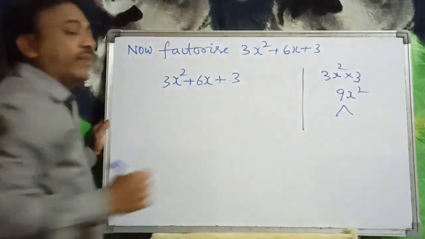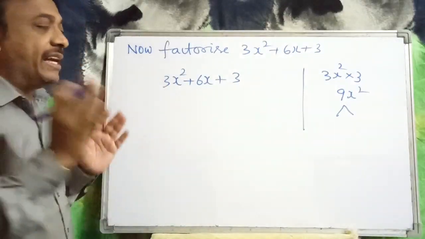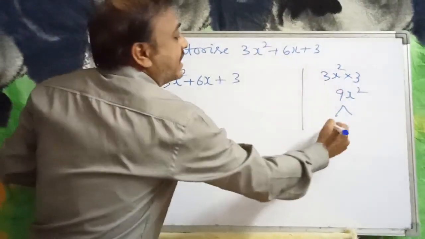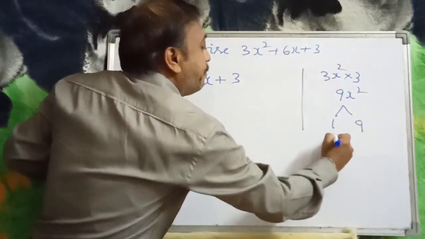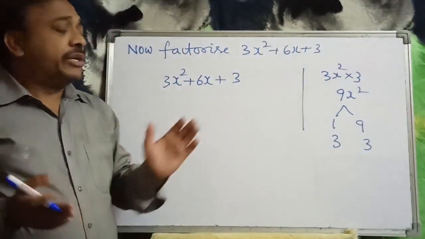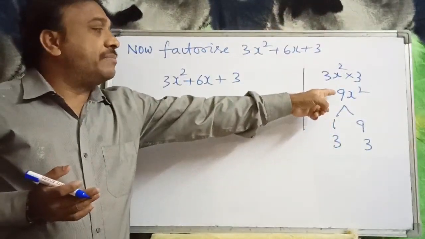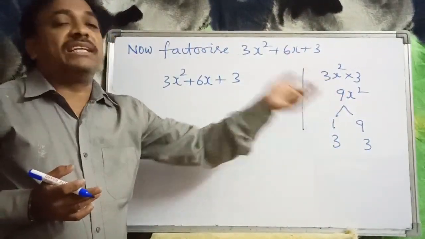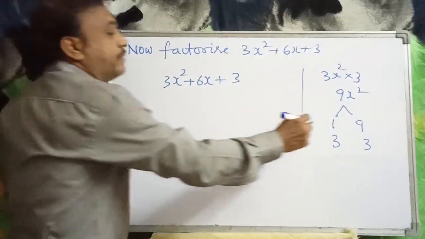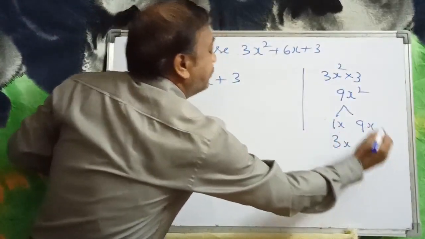For 9x square find out the factors. For 9, the factors are 1 and 9, 3 and 3. These are the 2 factors. You have to write the pairs of factors which give 9 as the product. Now write beside that 1x, 9x, 3x, 3x.